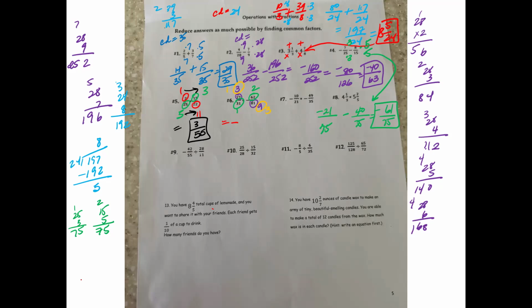Okay, well now I got 31 over 6. Okay, so now let's multiply across.